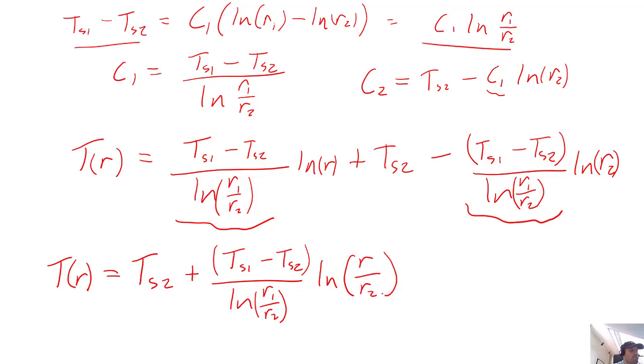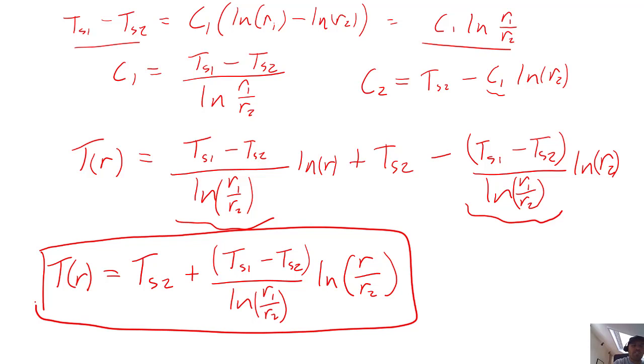And that is our final equation in this simplified form. So that is our temperature profile. When you are given these particular circumstances, steady state, a cylindrical wall with constant surface temperature boundary conditions, no generation, and a constant thermal conductivity, this is how your temperature profile ends up looking.